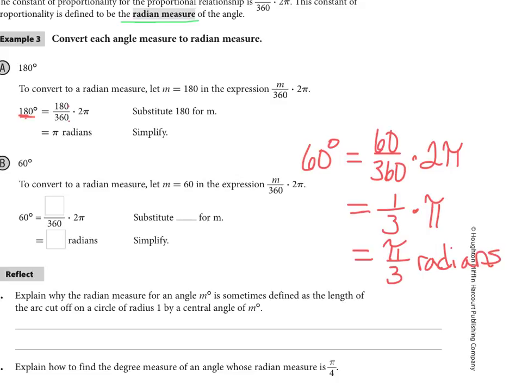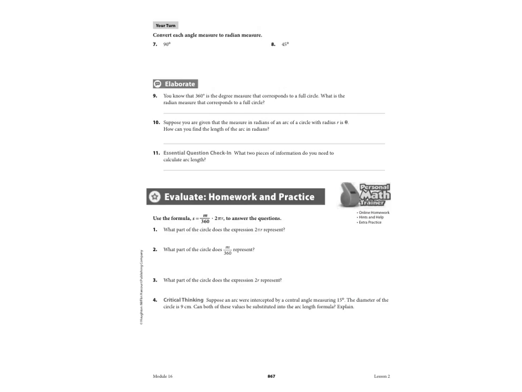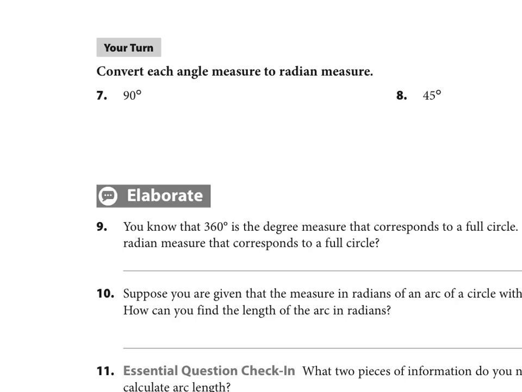Now if you turn the page, we'll do one more example. Convert each measure to radian measure. So 90 degrees is going to equal 90 over 360 times 2 pi.